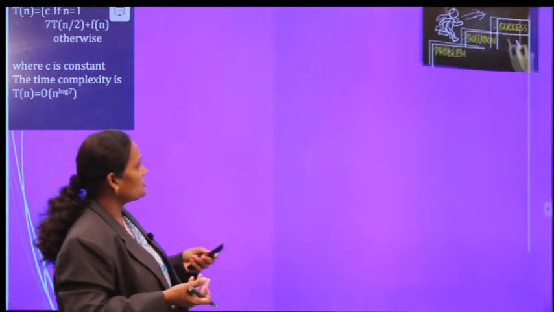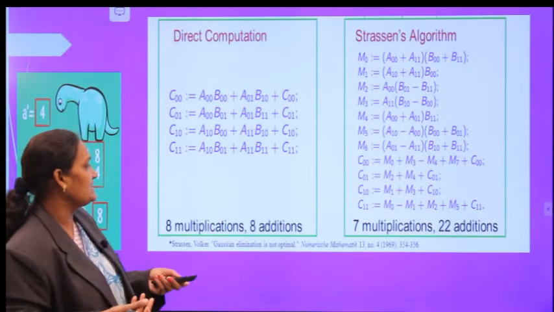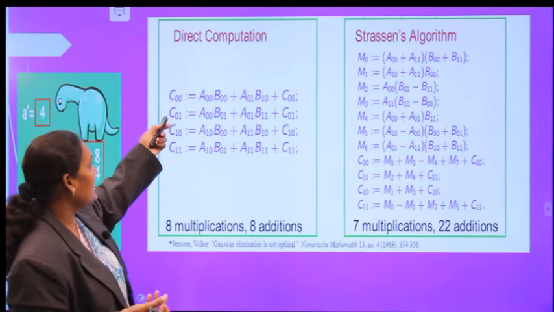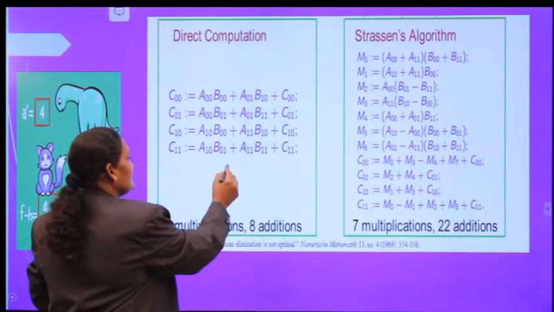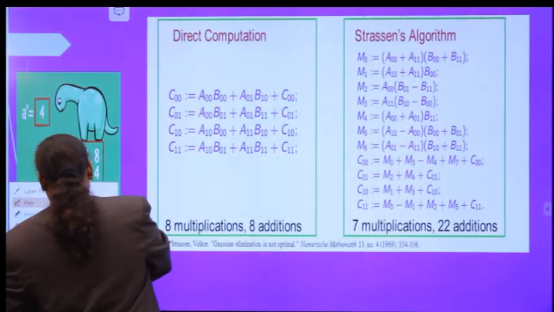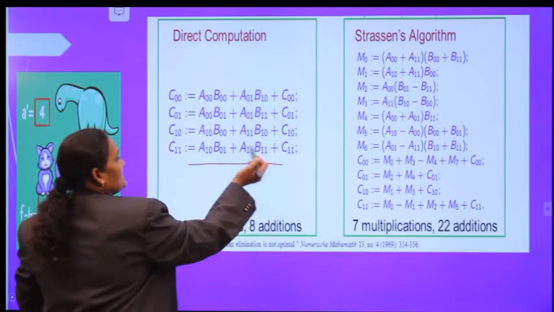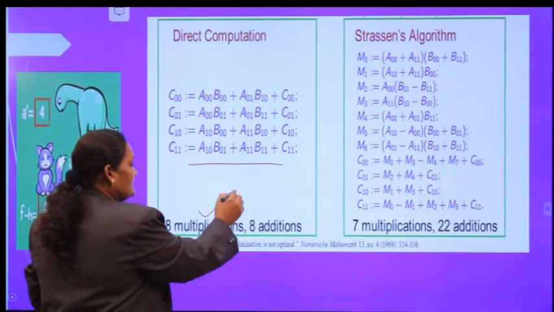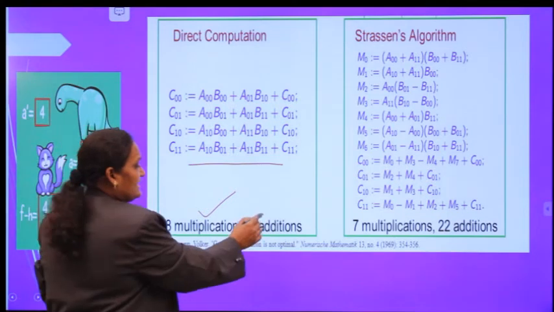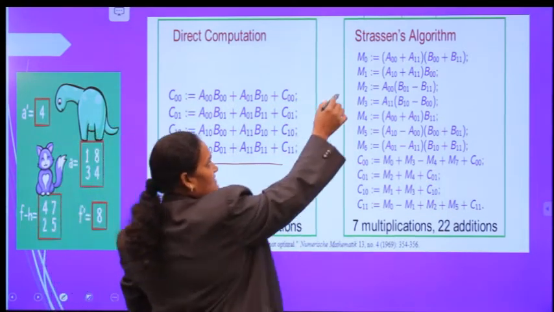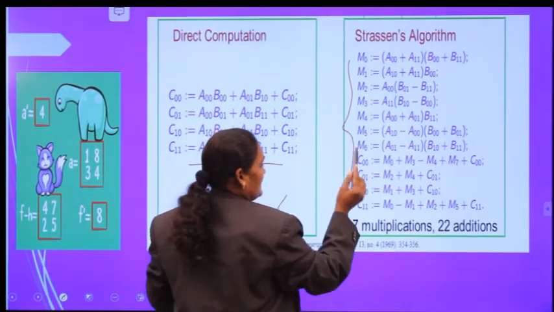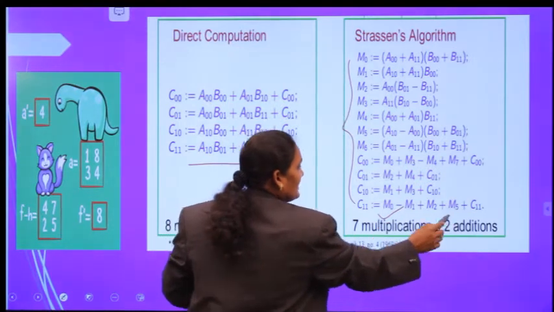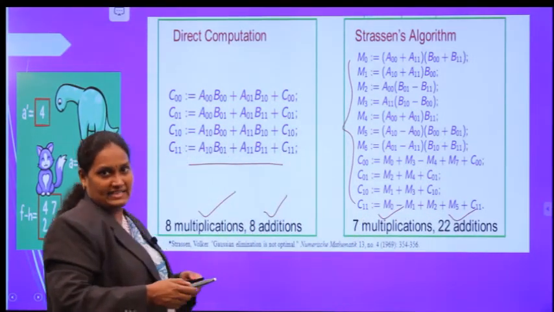Now here I am going to show you the comparison of both the methods. Here this is direct computation, the normal matrix multiplication. This gives the general matrix multiplication, which contains 8 multiplications and 8 additions. Here this gives Strassen's matrix multiplication, which gives 7 multiplications and 22 additions.